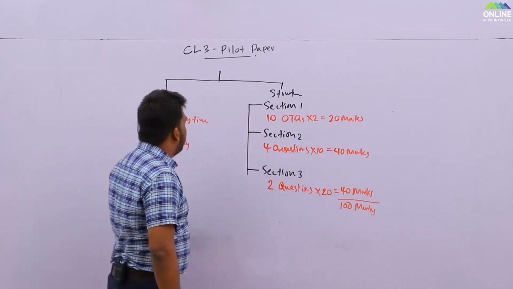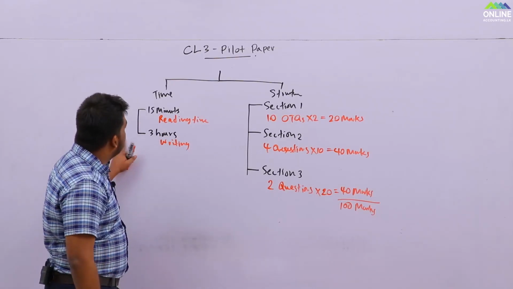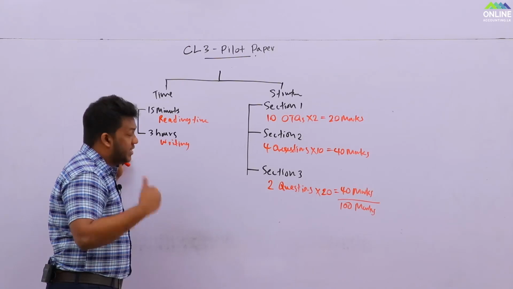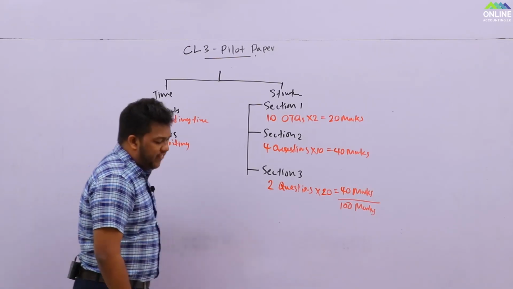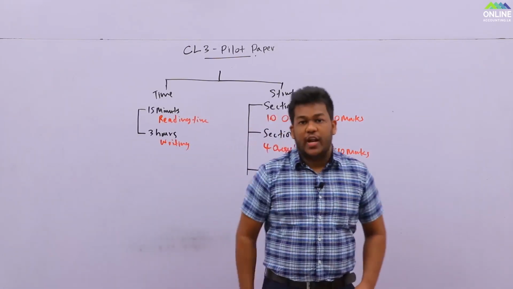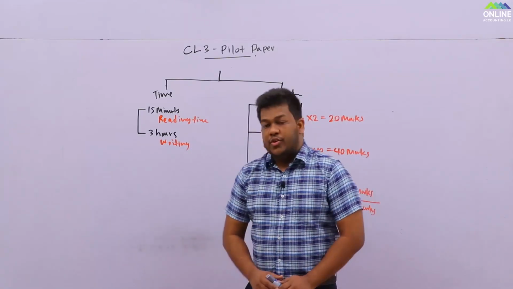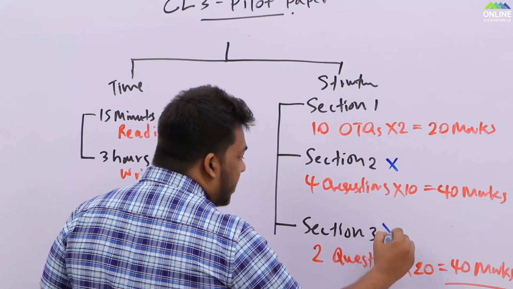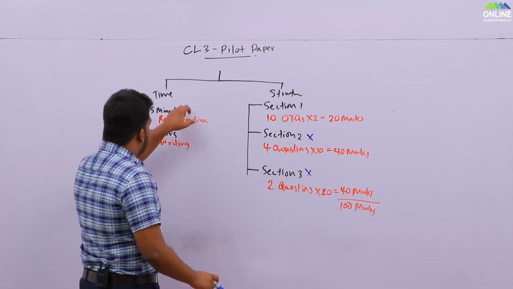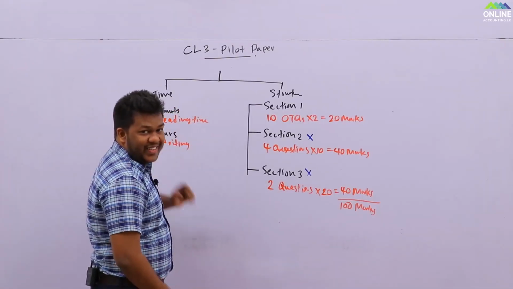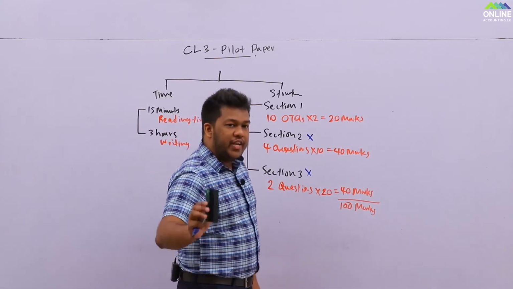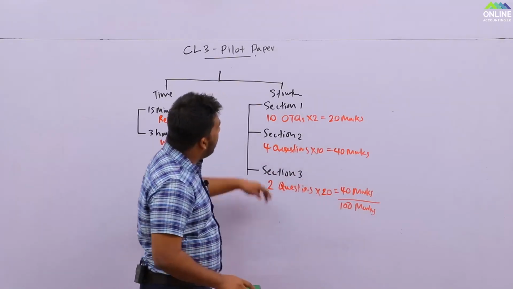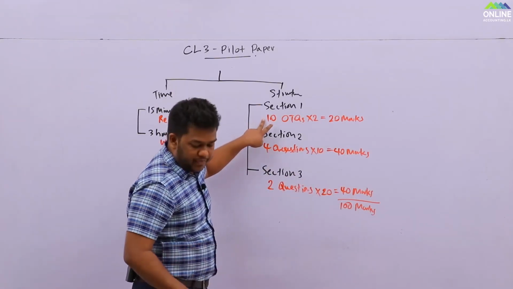When you are trying, I will give you a small advice. This is my personal suggestion. With the 15 minutes, you don't need to look at section 2 and section 3. Within the 15 minutes, I am saying, not the 3 hours. You have 10 OTQs, let's say MCQs.